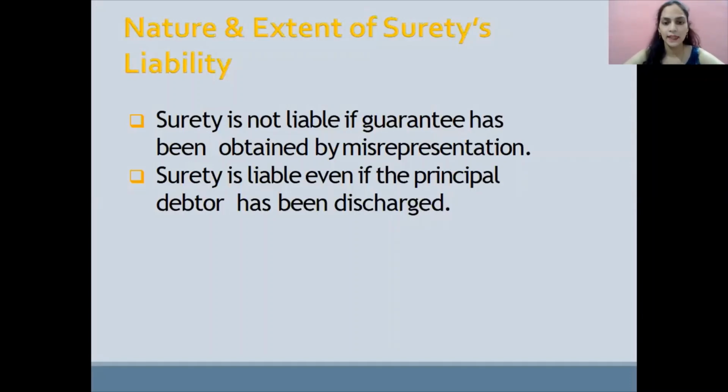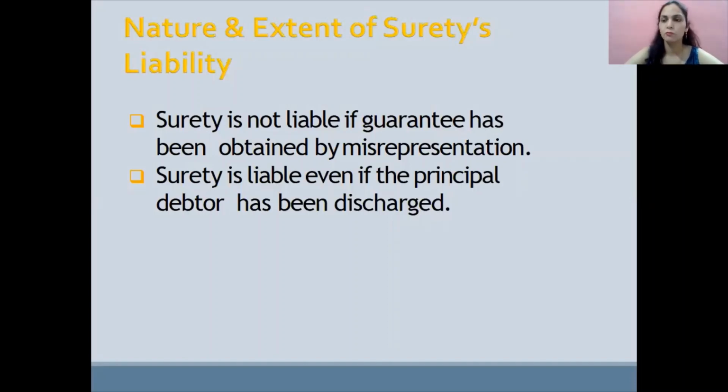Next, the surety is liable even if the principal debtor has been discharged. Though the principal debtor has been discharged of his liability, the surety has given consent for the liability, hence he will be liable.